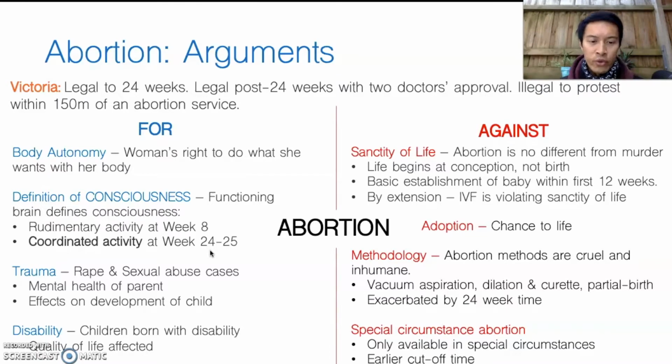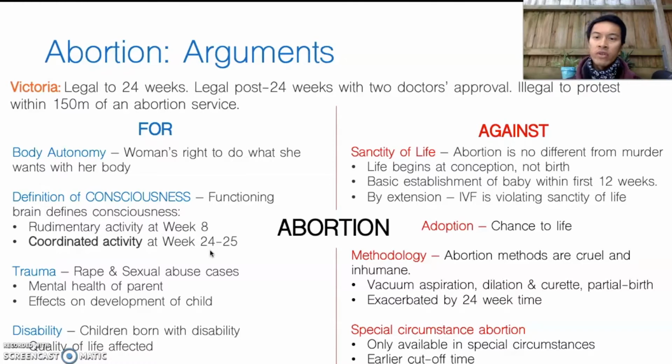And then finally, we've got the special circumstance abortion. In other words, that abortion should only be made available in special circumstances, and the blanket should be a no, but in case of earlier things. And in these situations, they advocate for an earlier cutoff time, right? And so, pushing the time forward might make it a bit more okay to abort than to push it back later, right?